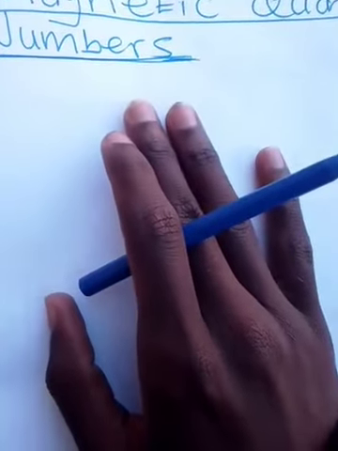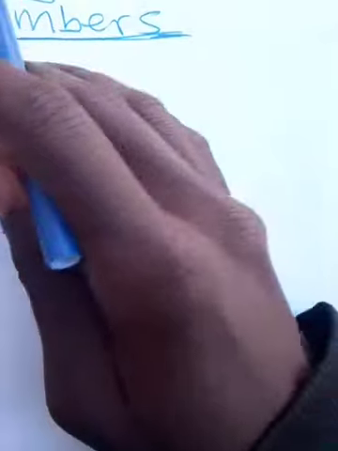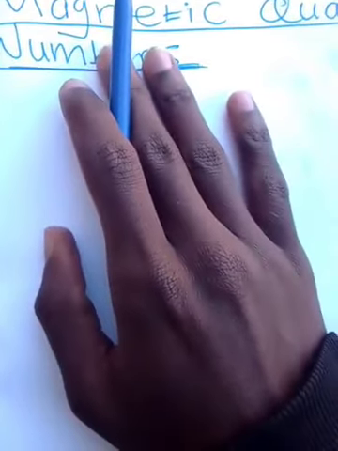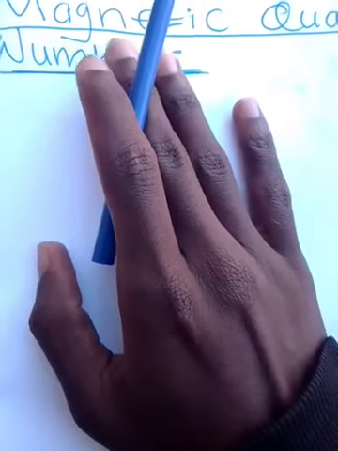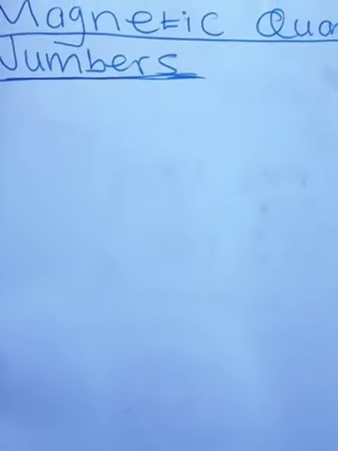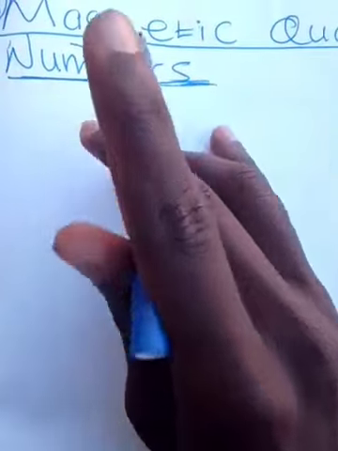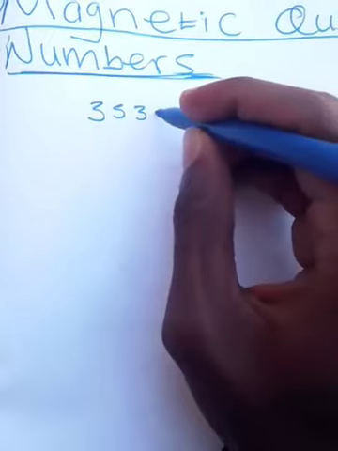Now, the magnetic quantum numbers depend on the previous one, the angular momentum numbers. What are these used for? They are used to calculate the number of orbitals that are found in each subshell. I'm sure by now we know that you can have something like this.